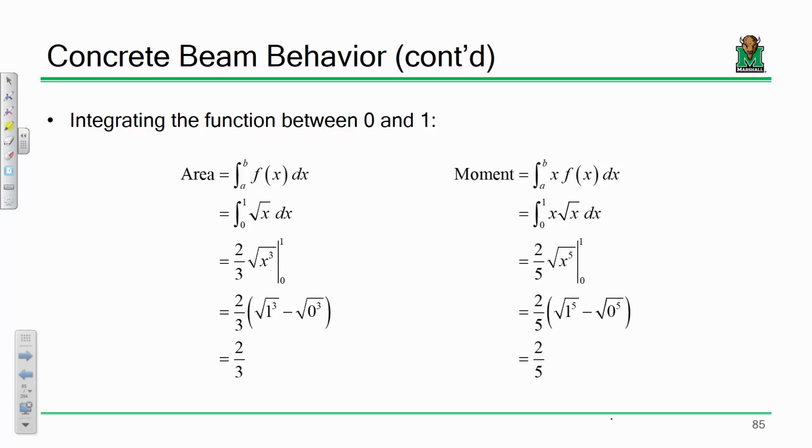And so instead of x to the 1/2, it's the integral of x to the 3/2. So I continue that out, and I end up getting a moment of 2/5. I'm going through the calculus pretty quickly. I'm not expecting you to sit here and chug out integrals. I'm just thinking you all follow along with what I'm doing here. Am I right? Okay.